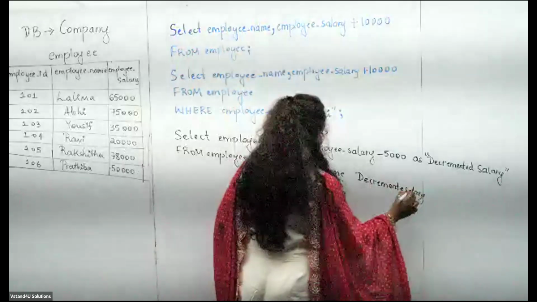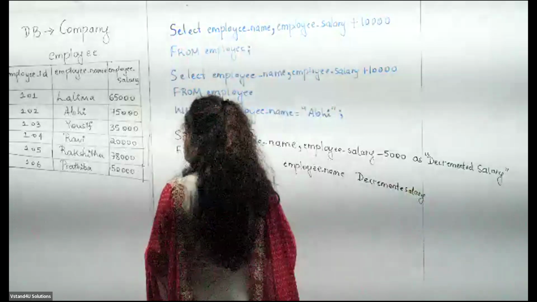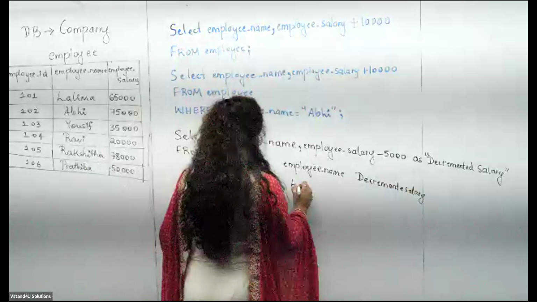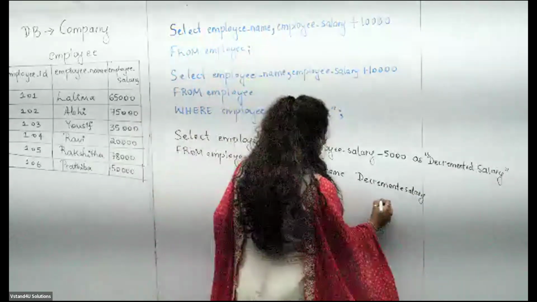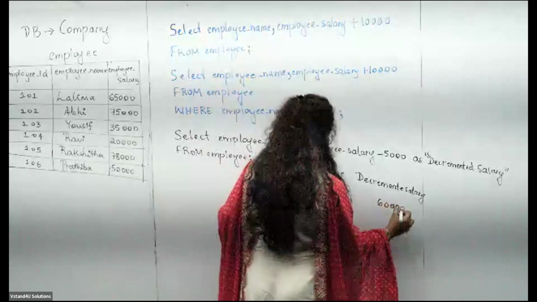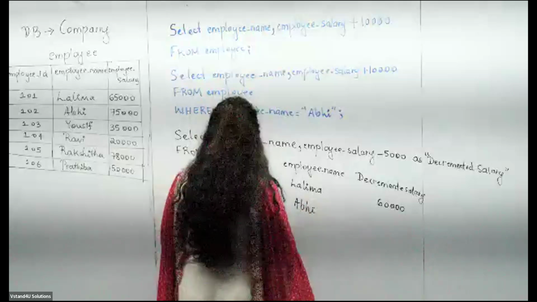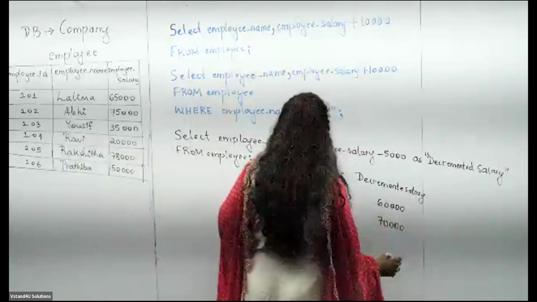What is the first employee name? Lalima. If it is decremented by 5,000, it is 60,000. Next one, Abhi. If it is decremented by 5,000, it is 70,000.